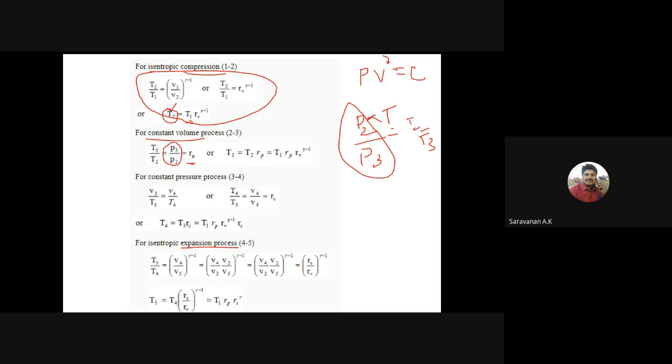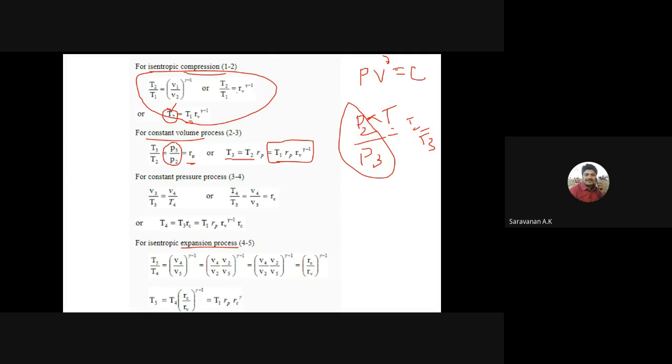So T3 in terms of T2. Again, we can substitute the value of T2 in terms of T1. T2 is equal to T1 compression ratio power gamma minus 1, right? That same value will be substituted here, so we get T3 in the form of T1.